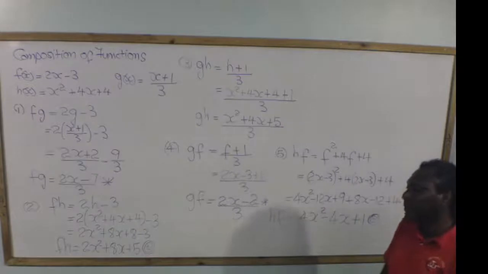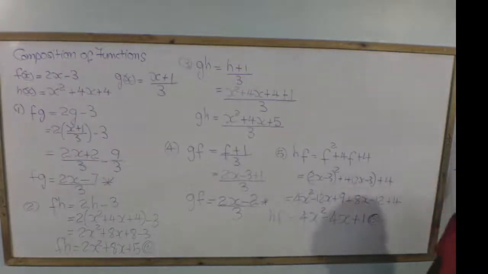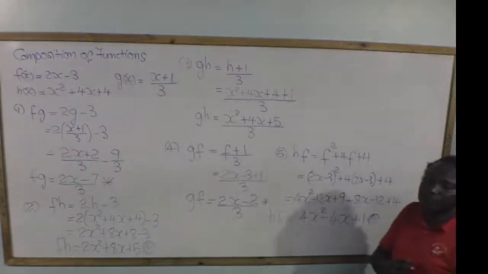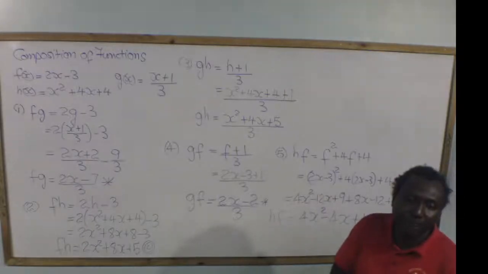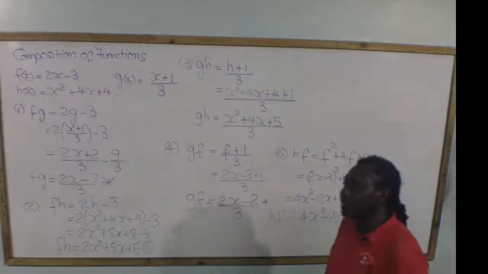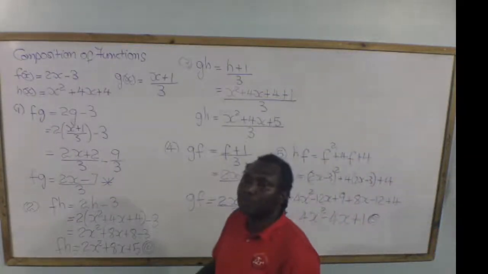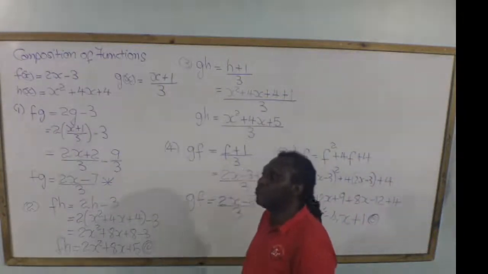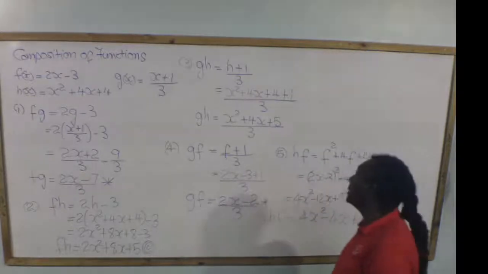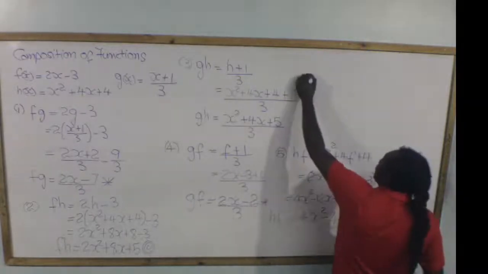You will get the same result. But that is not enough to say that the composition of functions is commutative. For the composition of functions to be commutative, it has to be true in every single case.